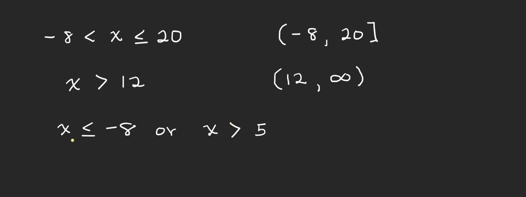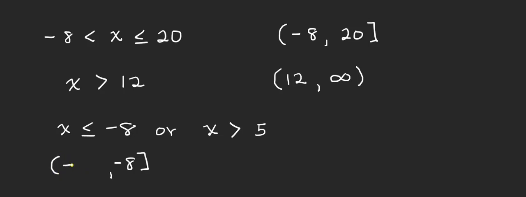What about this one? All real numbers that are less than or equal to -8, or all real numbers that are greater than 5. Well, all real numbers that are less than -8, and notice it's included, so for -8 you put a bracket.